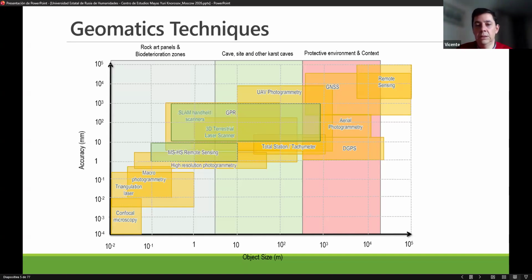So this is the chart we manage to see what is the most efficient technique depending on the object size and the accuracy you need to reach. I'm going to show you some examples.